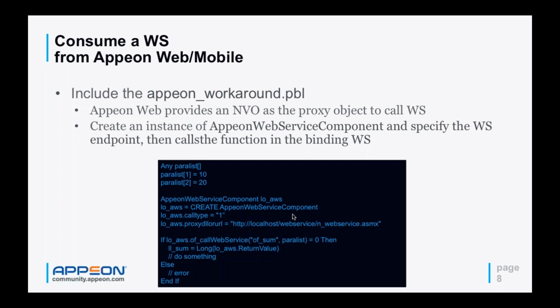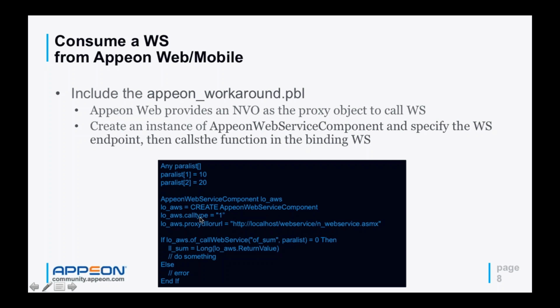The common call workflow is the following. You declare an array containing all arguments of the web service method that you expect to call. In this example, there are 2 input arguments, the 2 numbers that you want to sum. Then you create a local instance of Appeon Web Service Component, this line, and specify some properties.